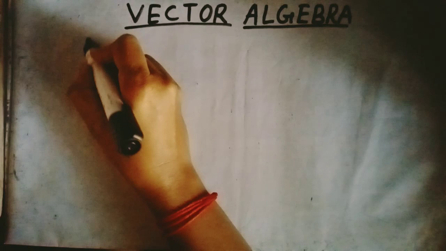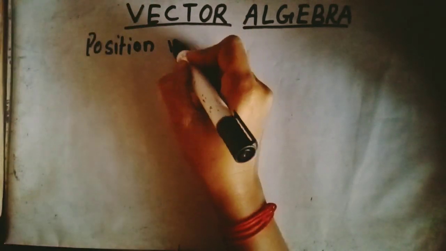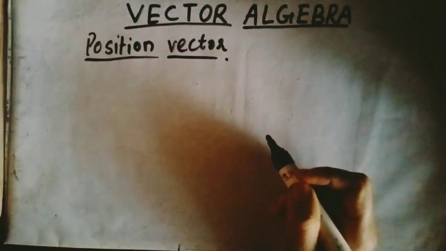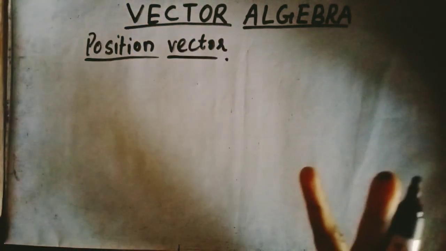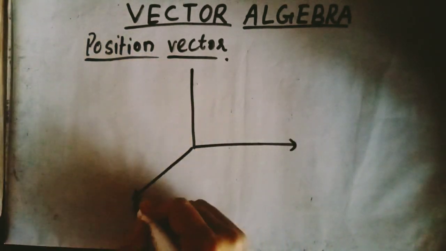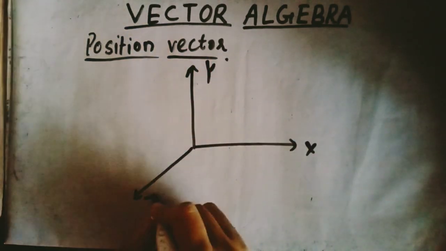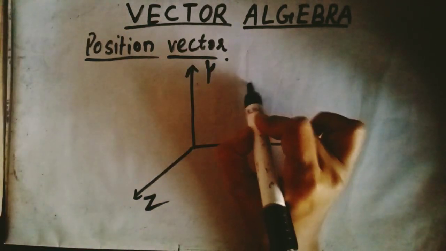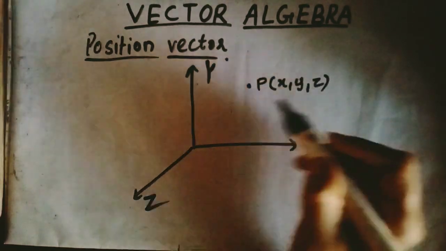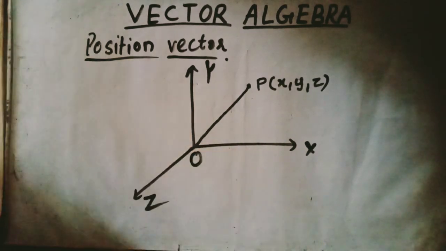Next subtopic is position vector. Vector means we are in 3D, so in three dimensions, x, y, z. Suppose there is a point P with coordinates x, y, z, and there is a line from the origin.